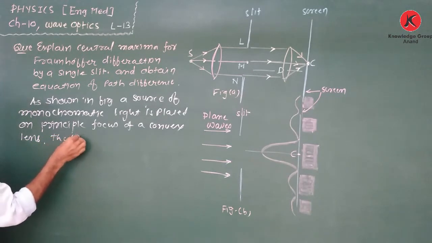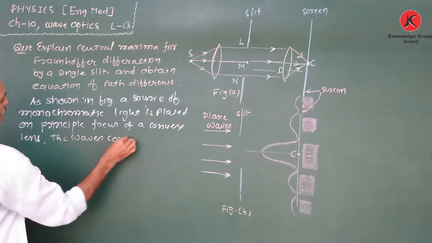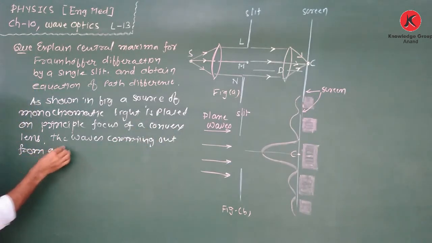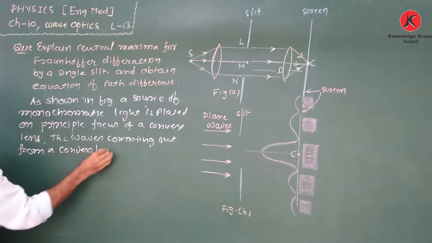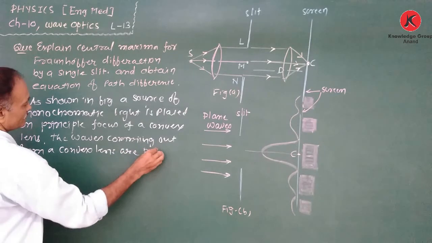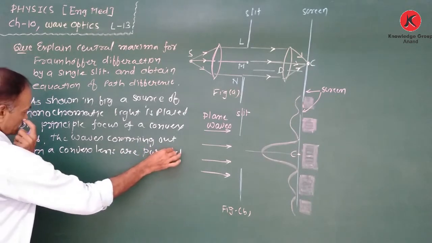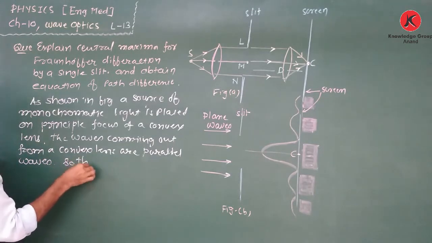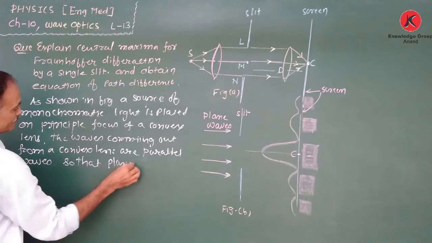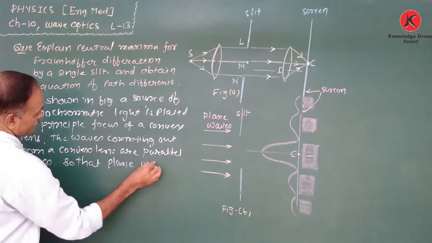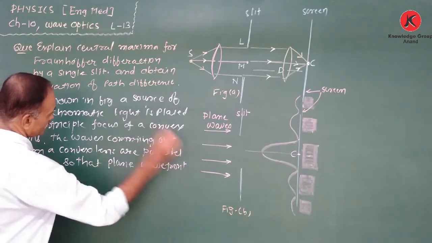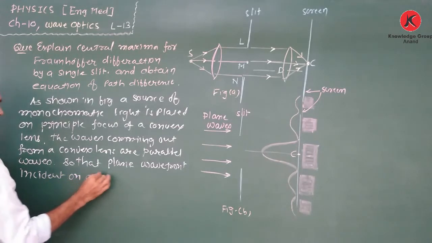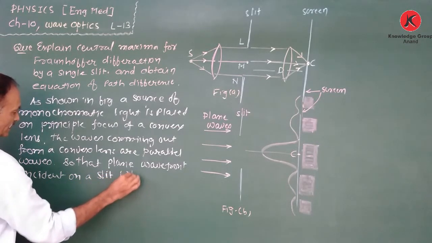The waves coming out from the convex lens are parallel waves, so that plane wavefront is incident on a slit LN. LN is our slit.